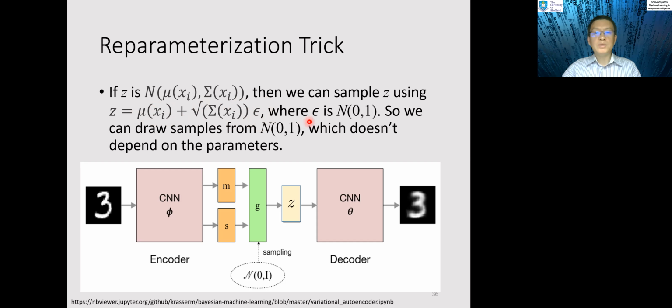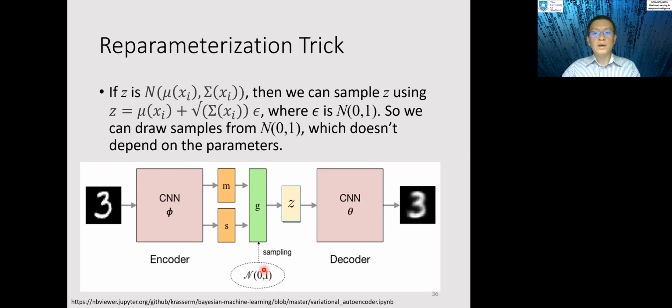This epsilon is sampled from a standard normal distribution with mean 0 and variance 1, that is, unit variance.